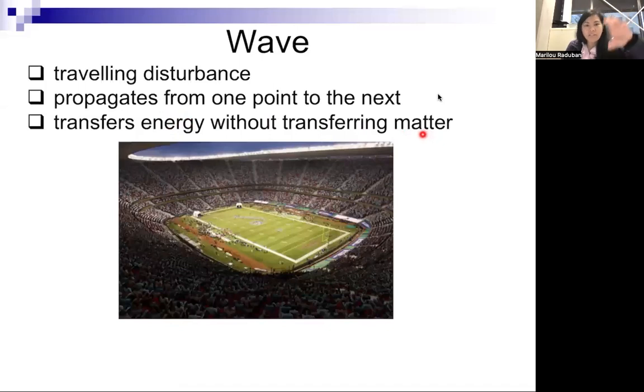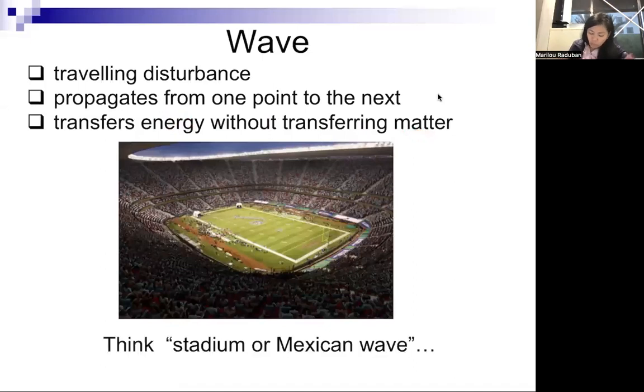In short, you have this oscillating object, and you have this disturbance that propagates through space, but the actual oscillating object does not propagate itself. And you can think of a stadium wave or a Mexican wave as an analogy of this.